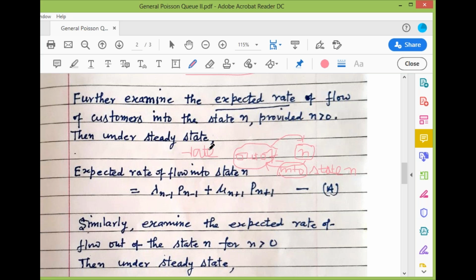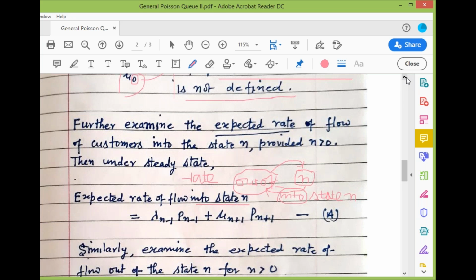So, the expected rate of flow into state n. Into means coming to. How do we get this one? Lambda n minus 1 into p n minus 1. Look at this figure.